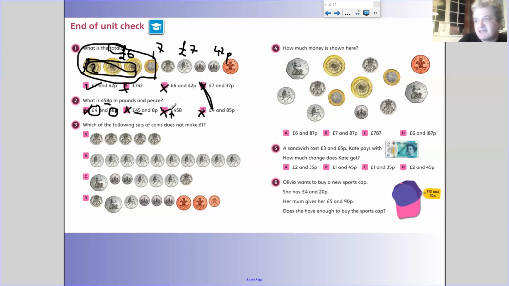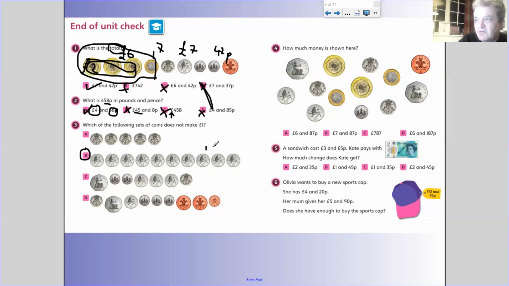Okay, which of the following sets of coins does not make £1? Okay, so I'm going to do this one first, counting in tens. Let's all count in tens. 10, 20, 30, 40, 50, 60, 70, 80, 90, 100. In this question B, I've got 10 10p pieces, which is equivalent to 100 pence.